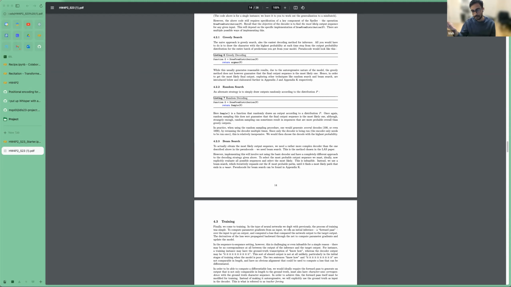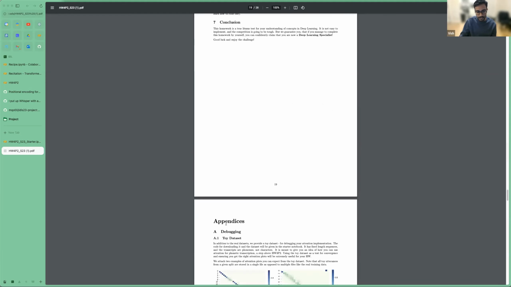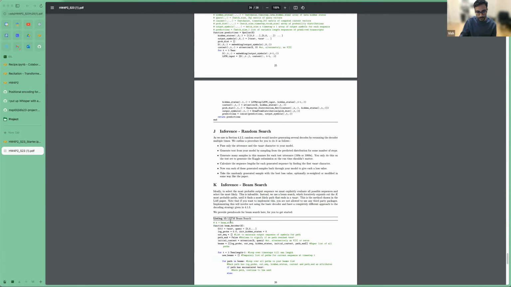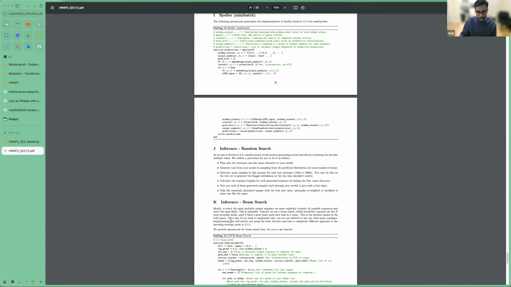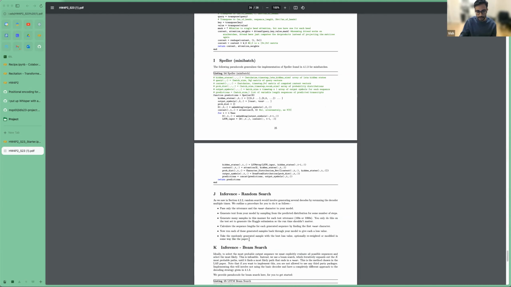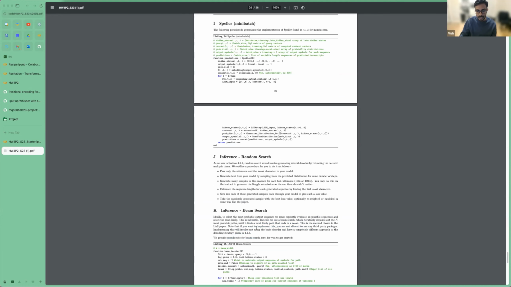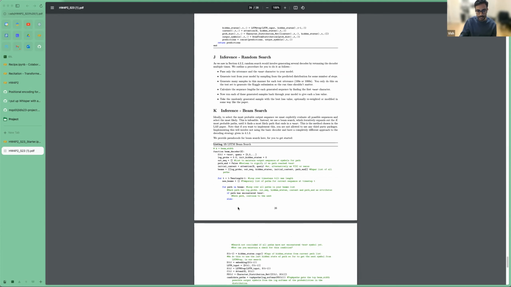Typically, we work with the sum of log probabilities because we want to avoid underflow. Whichever has the most likely probability is what you're going to choose. Pseudocode for this, we've given it to you in the appendix. So if you scroll all the way right here, yeah, we've given you some pointers on random search, right? And the pseudocode is right here.